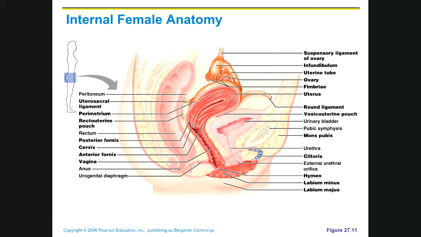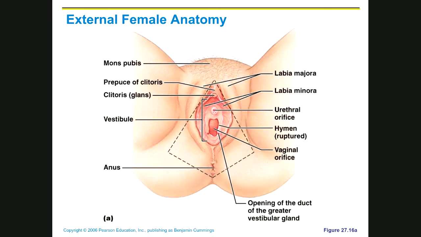That's the internal part. Well, if you look at the external, and we're going to come back to this a little bit later on, but let's go back here, and you can see the external as well. There's this mound here. This is actually a fat pad. It's adipose tissue, and it's called the mons pubis, or the pubic mound.